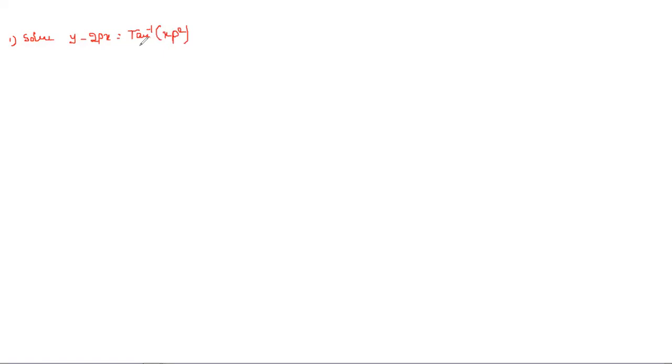So this is the given problem. If you observe, this given problem consists of x terms, y terms and p terms, all the terms included. So you can apply either y or x. First we see y, and then we go for x. So let us see the solution for this.